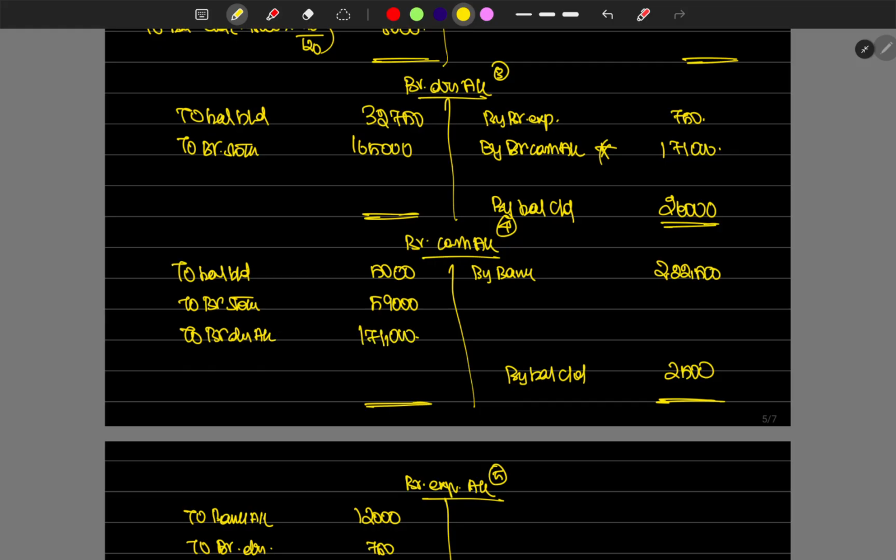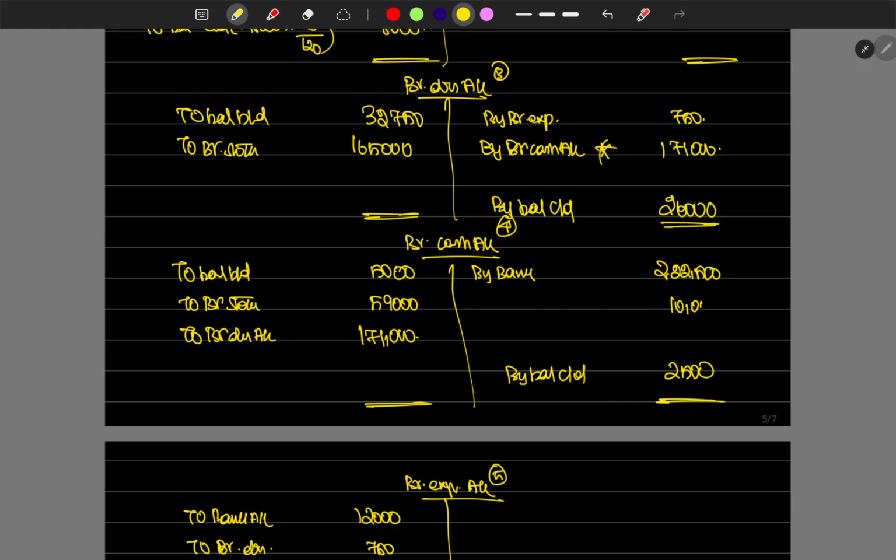Which is 1,71,000. Right, now let's quickly close the branch cash, which is 5,000 plus 59,000 plus 1,71,000 plus 2,22,500. There is a difference amount of rupees 10,000.